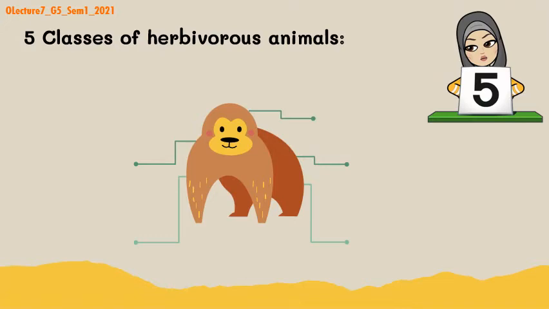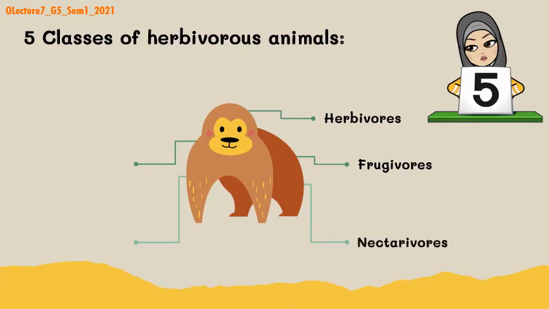So what are the 5 classes of herbivorous animals? Again, these animals feed on plants only, but they feed on different parts of the plant. Herbivores feed on leaves. Frugivores, fruits.